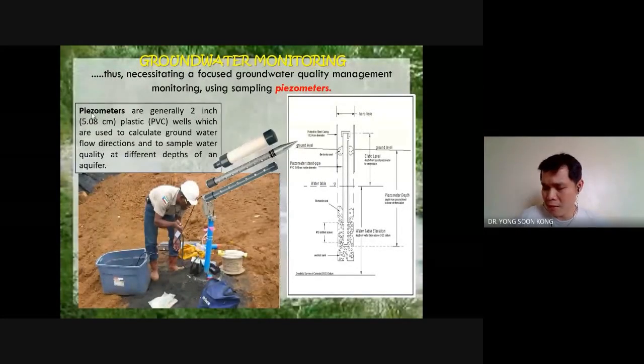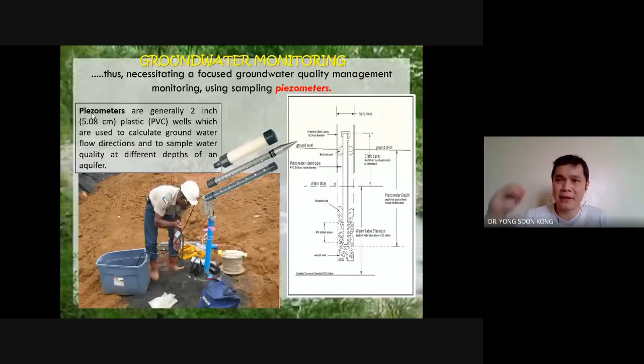By the way, there's another area that constantly monitors groundwater, and that is landfill. You know landfill? That is a place where you deposit all the rubbish, all the solid waste that comes from cities. Obviously, there must be some kind of mechanism to monitor whether there is a leakage from this landfill, and in order to do that, groundwater sampling.